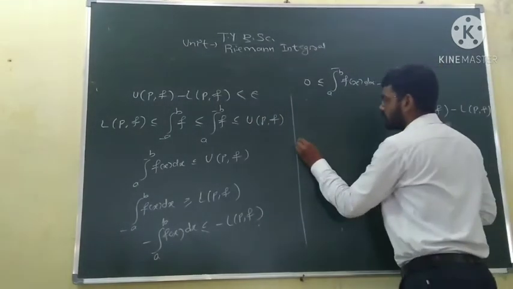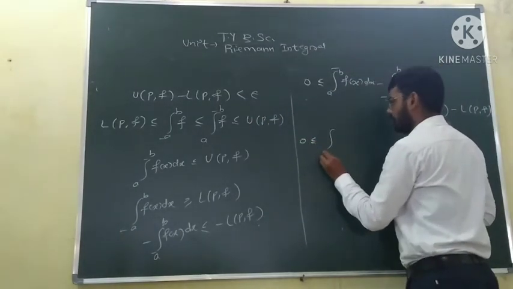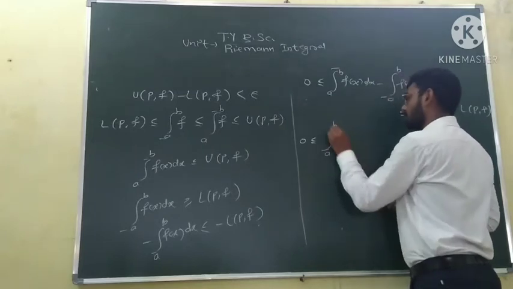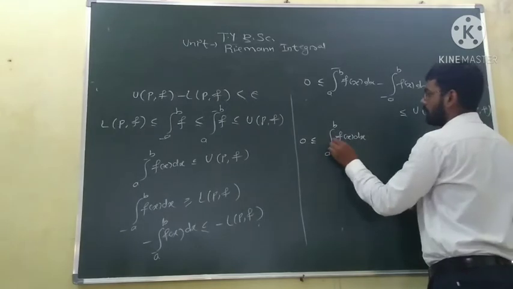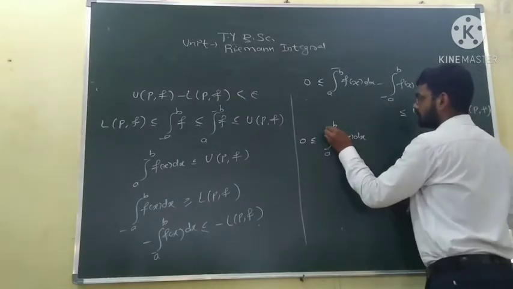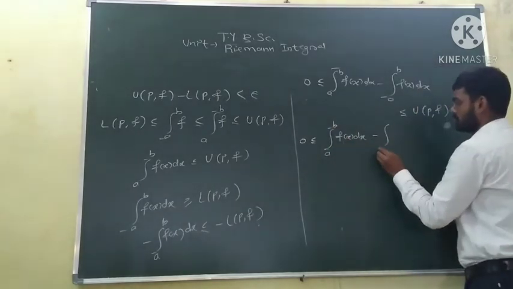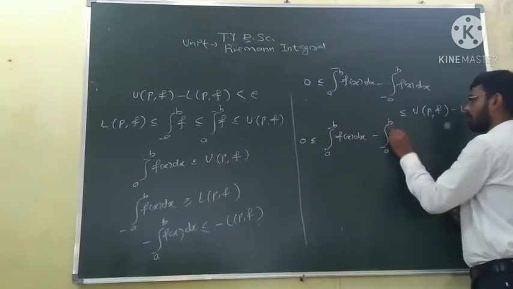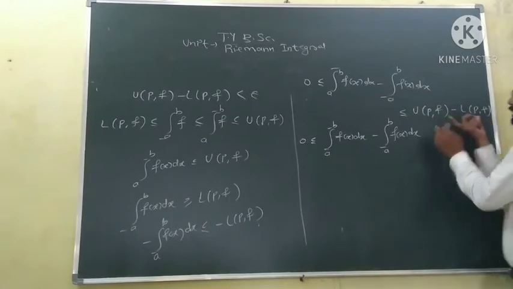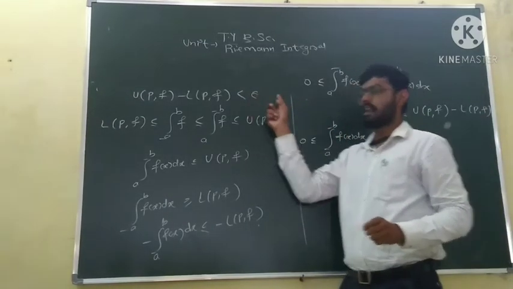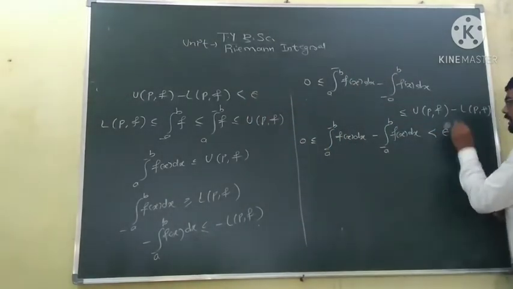So we have 0 less than or equal to upper integral of the function minus lower integral of the function, which is less than or equal to this, and this part is less than epsilon.